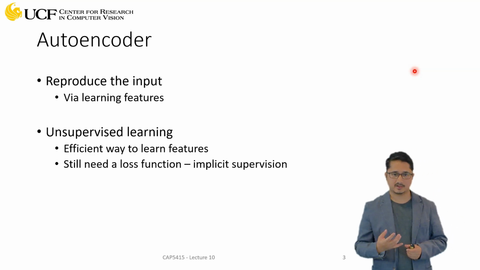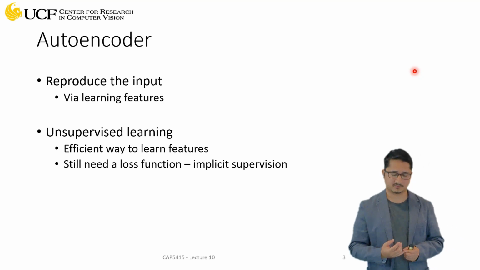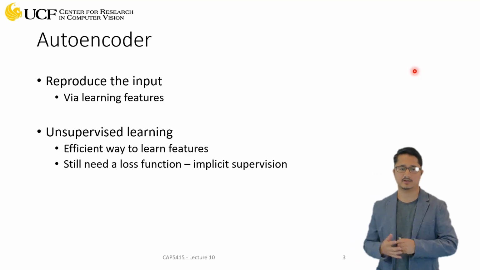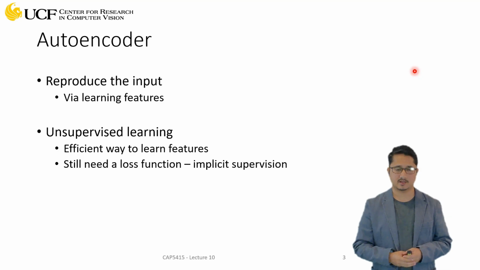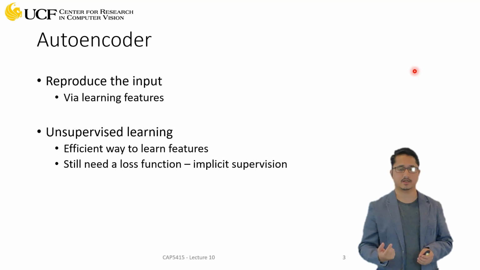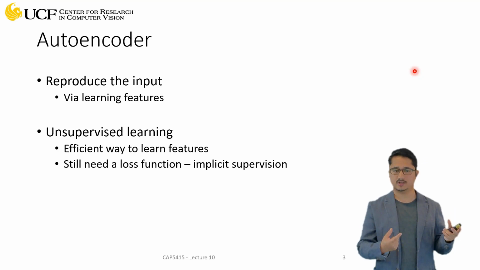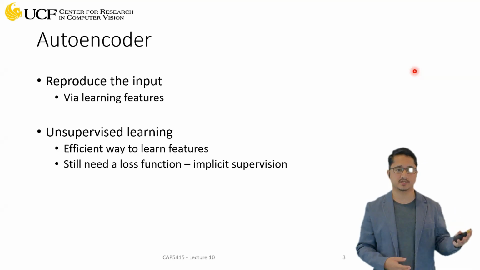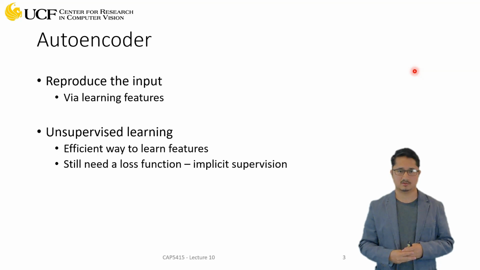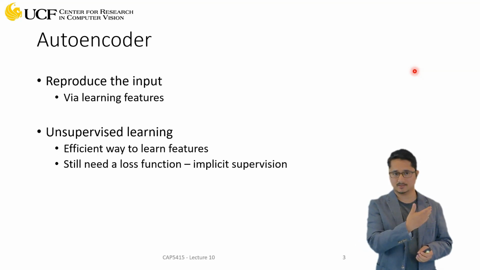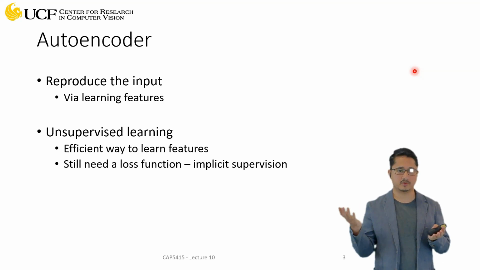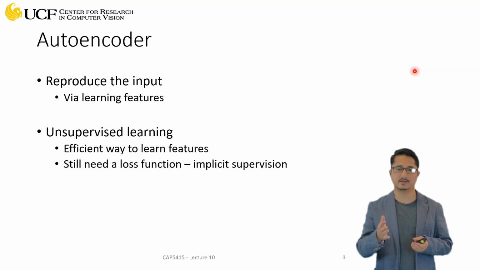Now, another interesting aspect of autoencoders is that this falls somewhere in the unsupervised learning regime. The reason is, you don't need any annotations. All you need is data. If you have some image, you don't need any annotation on that. You don't care what objects are present in that image, because you don't need those labels to train the model. All you need is the same image itself, because you will train your model using reconstruction loss.